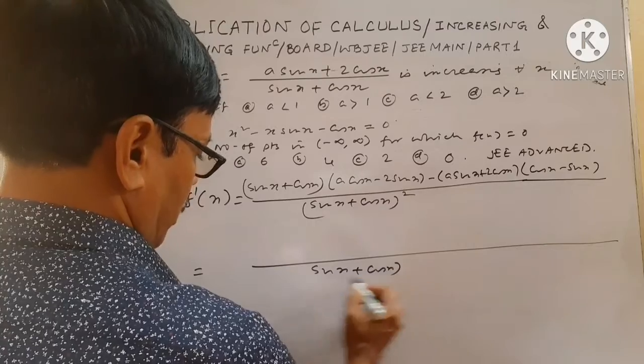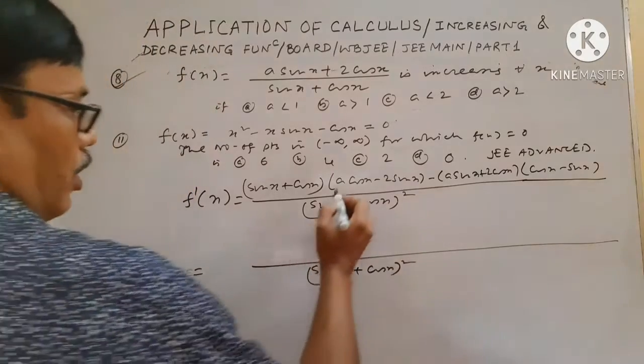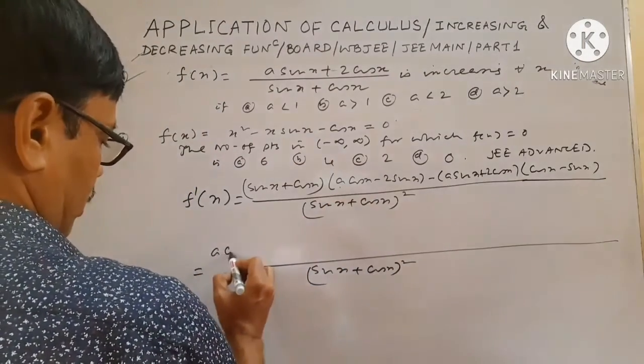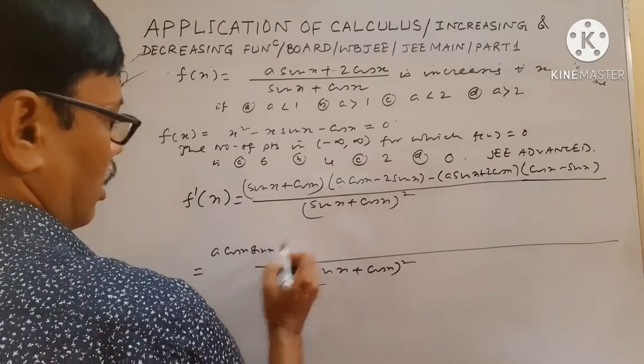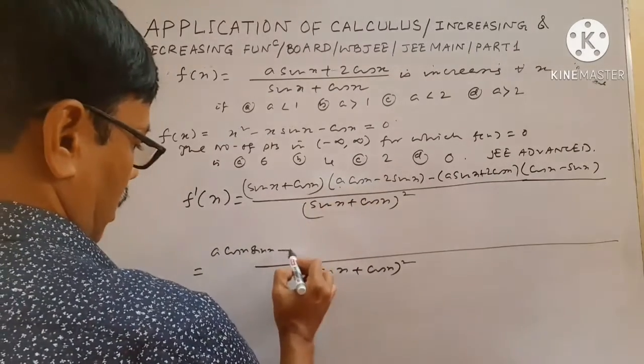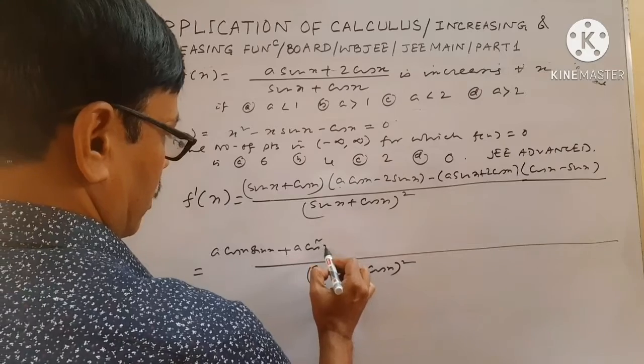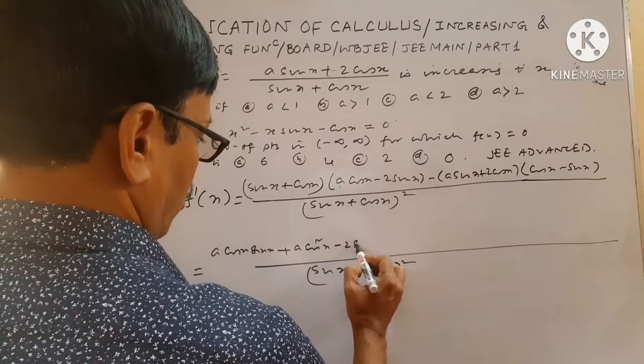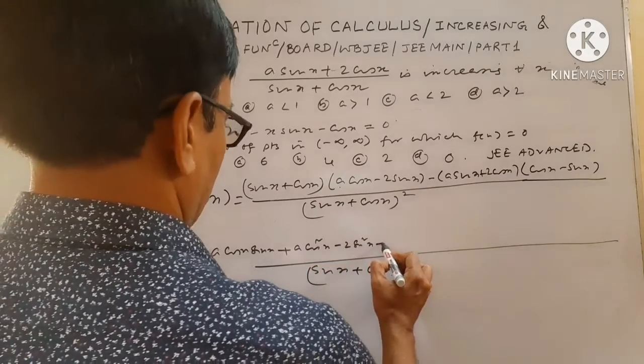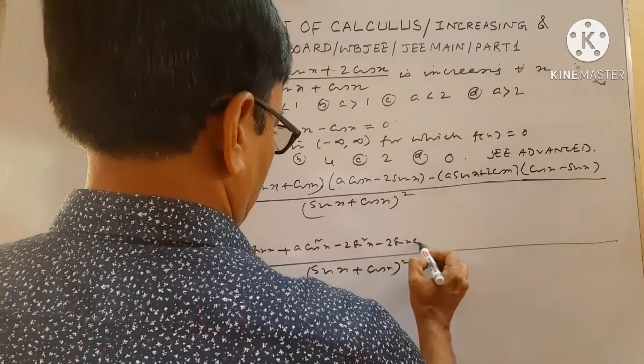The denominator is obviously positive. So a cos x sin x plus a cos square x, minus 2 sin square x, minus 2 sin x cos x.